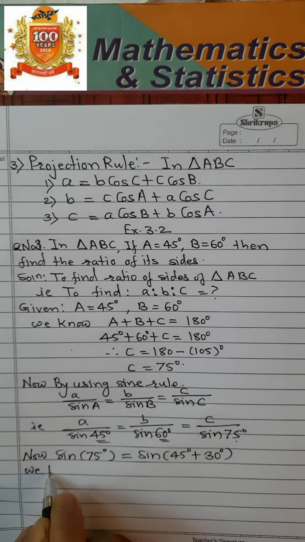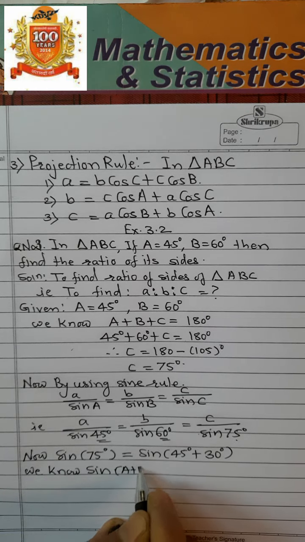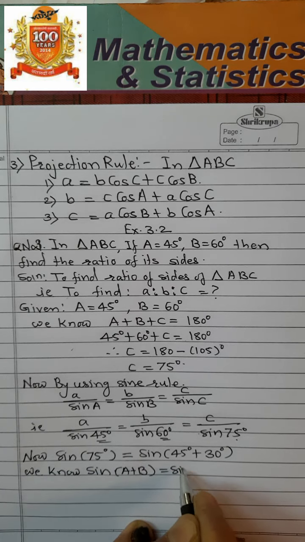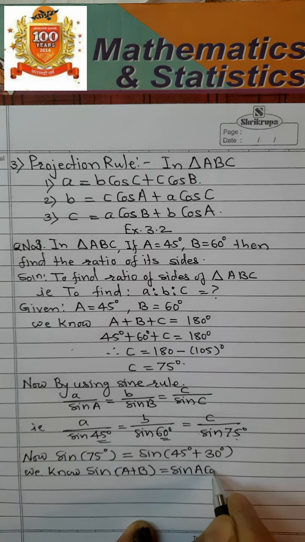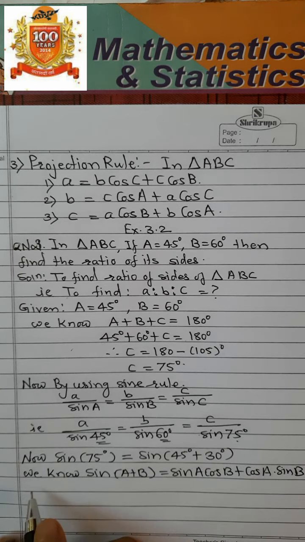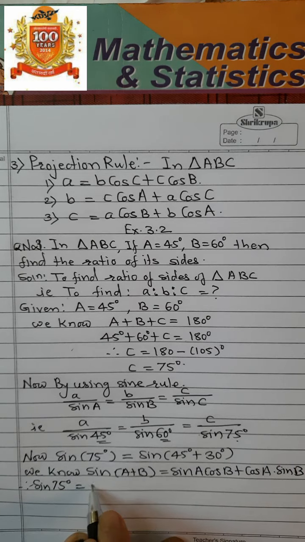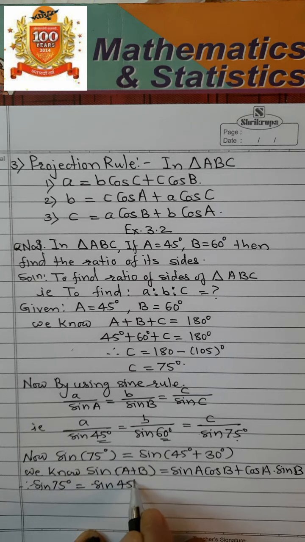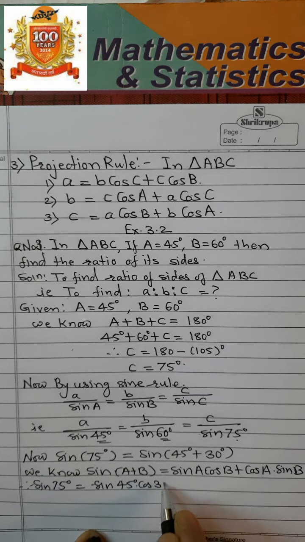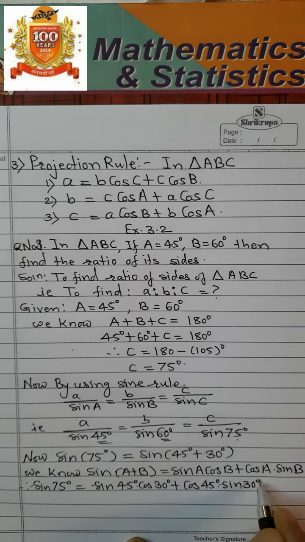We know sine of A plus B is equal to sine A into cos B plus cos A into sine B, isn't it? Therefore sine 75 degree is equal to sine 45 degree into cos 30 degree plus cos 45 degree into sine 30 degree.